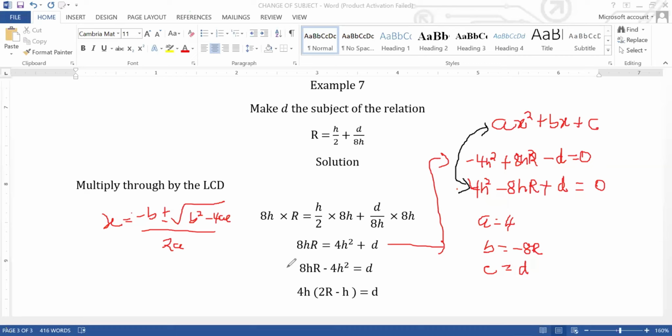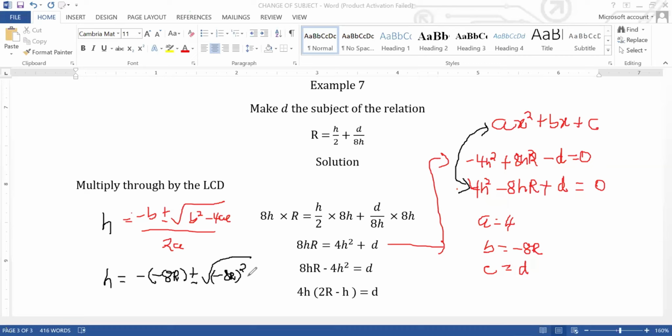Now, you fix it into the equation. So X, we are not looking for X. We are looking for H. So let's put H here. So we have H will be equal to minus 8r plus or minus the square root of minus 8r all squared.